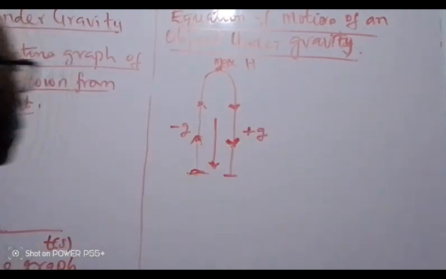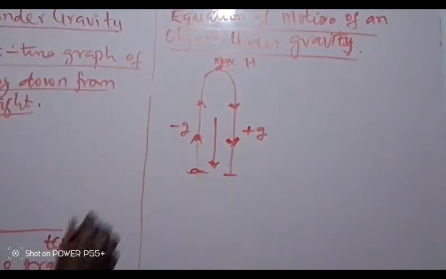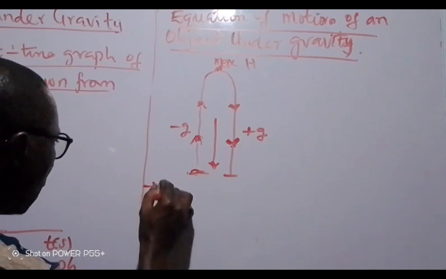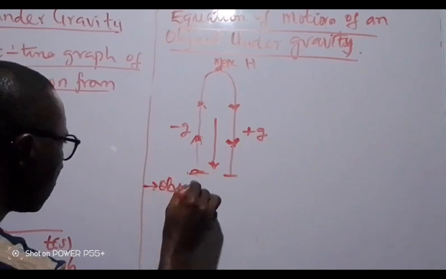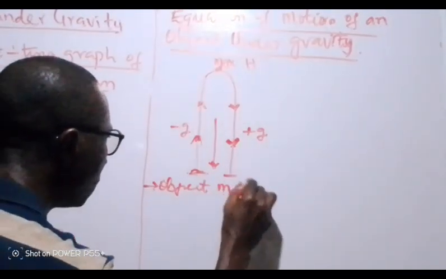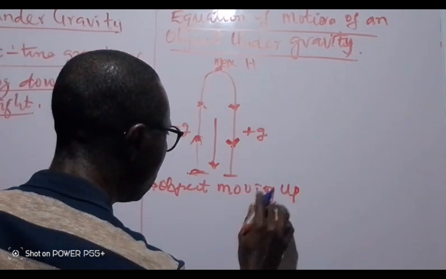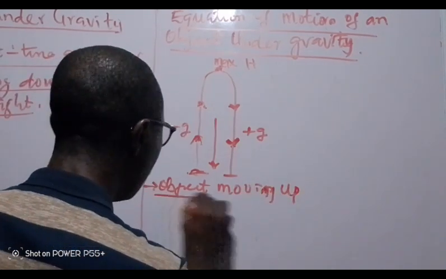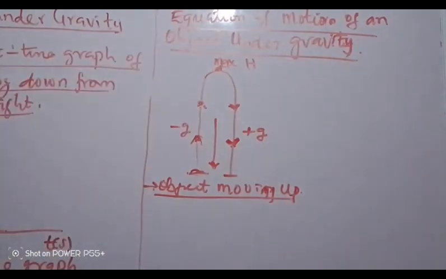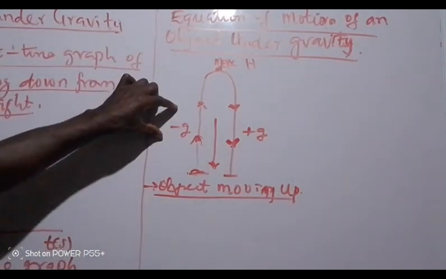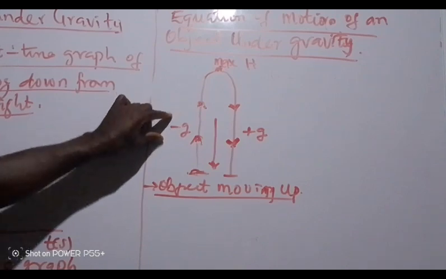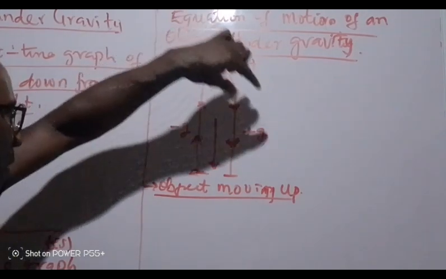Now, object moving up. What are the possible equations when it is moving up? Don't forget, we said this is the part of moving up, this is the maximum height, while this is the part of moving down.